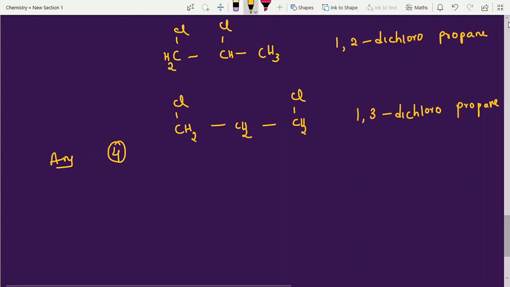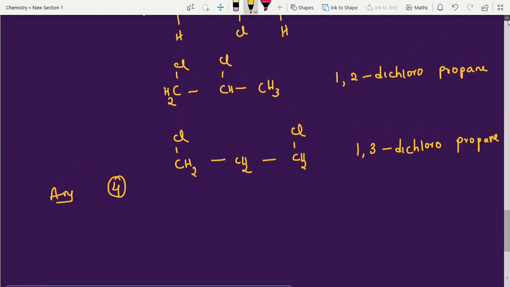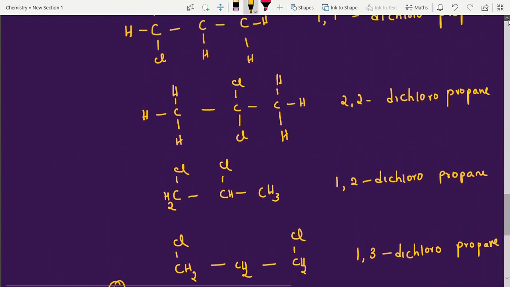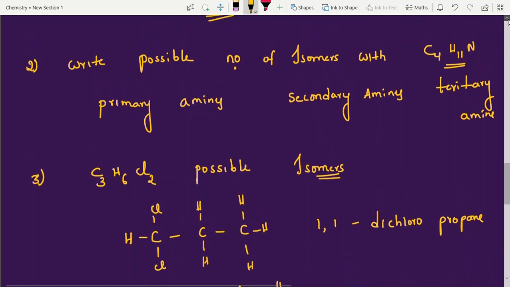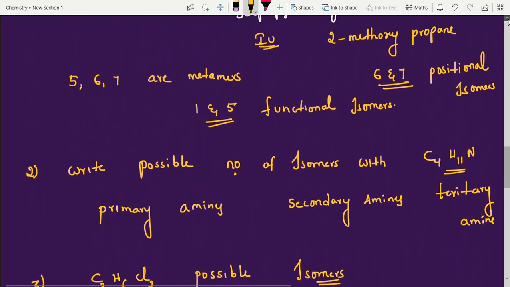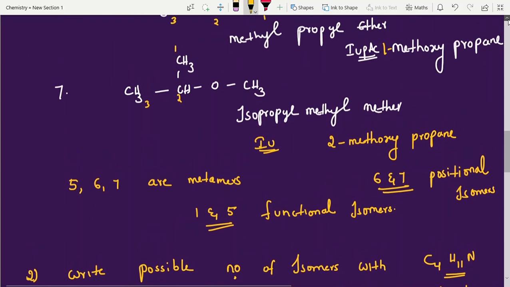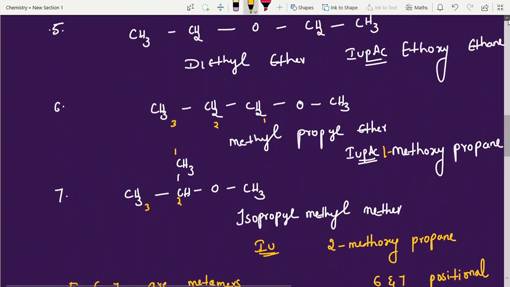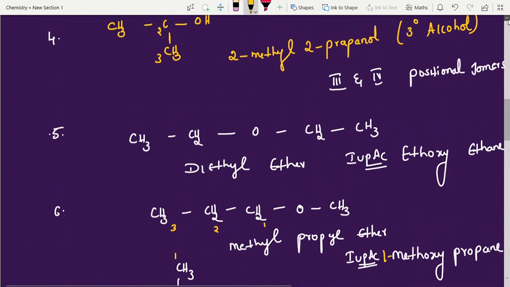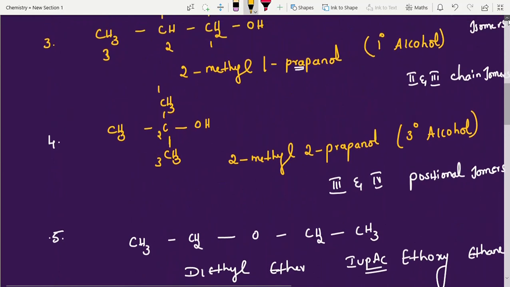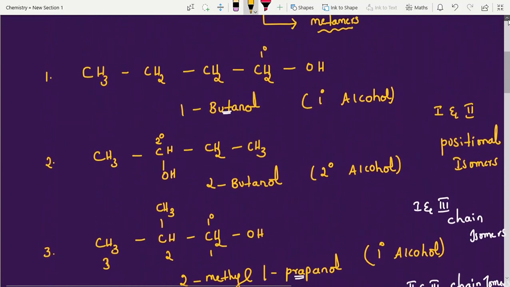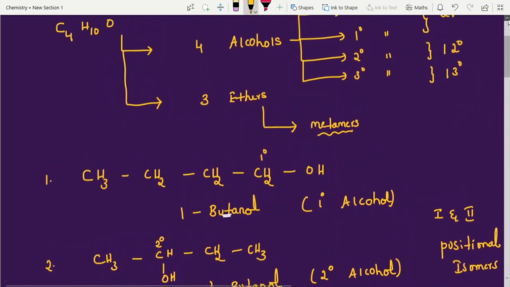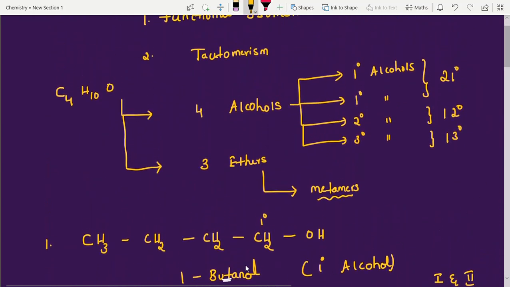See, the first question, what is my question? How many alcohols and ethers with C4H10O, how many possible isomers I said? Totally 7. We will write the answer here.